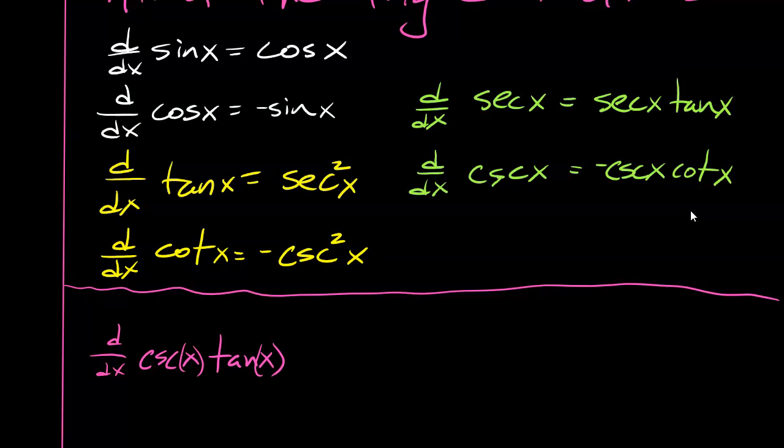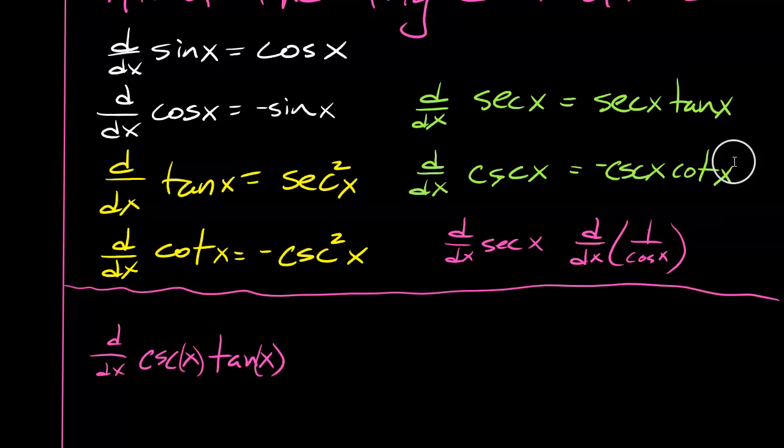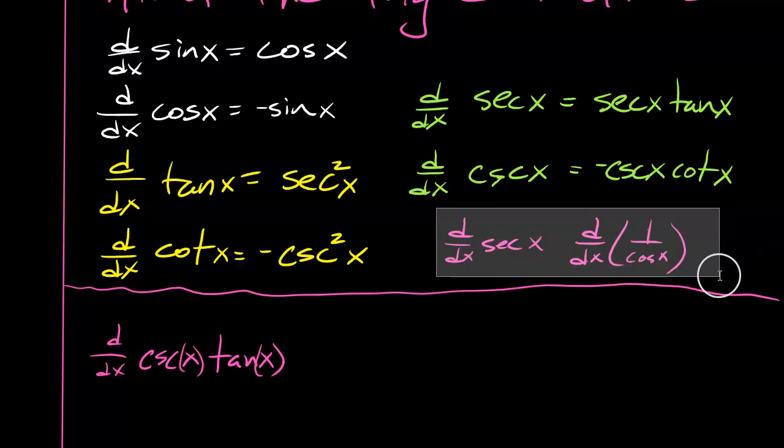So if you're trying to find the derivative of secant on the calculator, you can just type in the derivative of 1 over cosine. You would basically just write them all in terms of sine, cosine, and tangent, because those are the buttons you have. And it calculates and works fine.